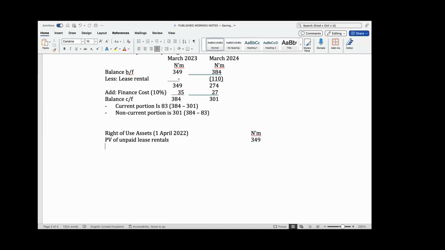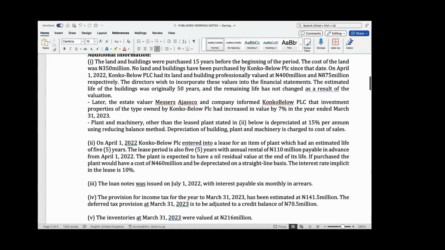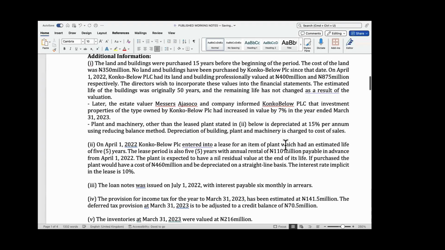Then you will add amounts paid at the commencement date, which is 110, because they told us that he paid 110 in advance.